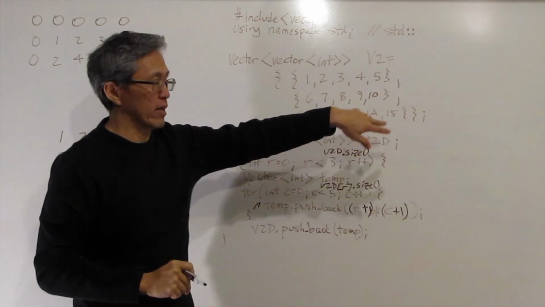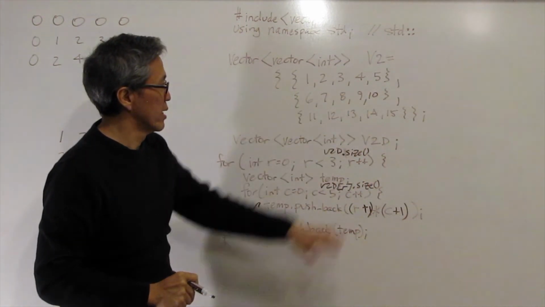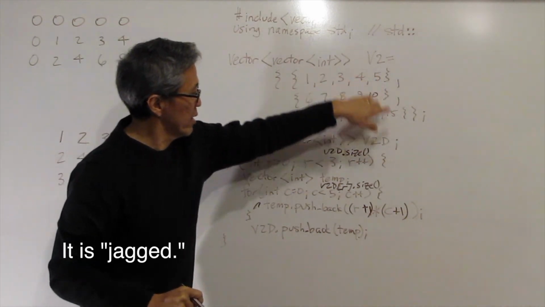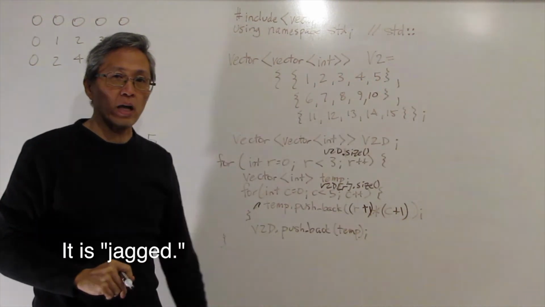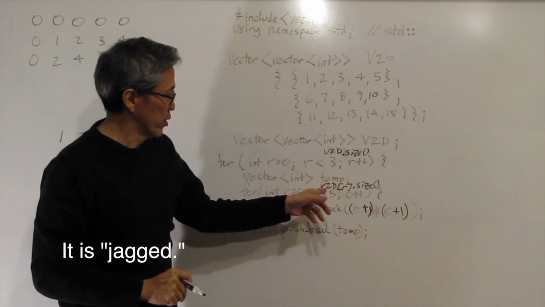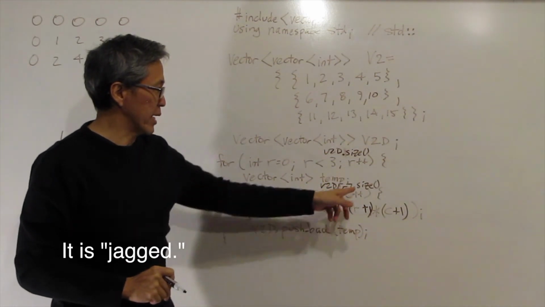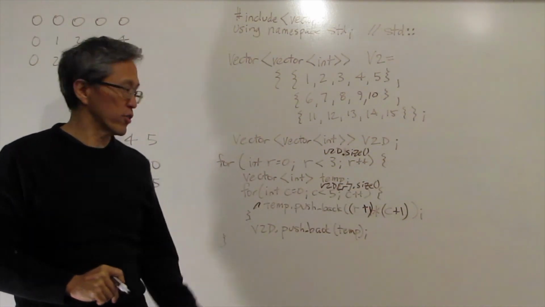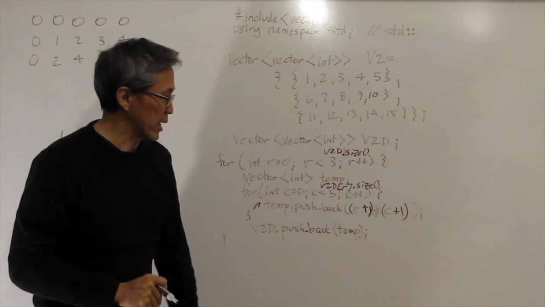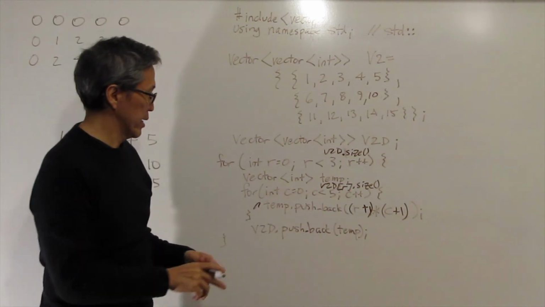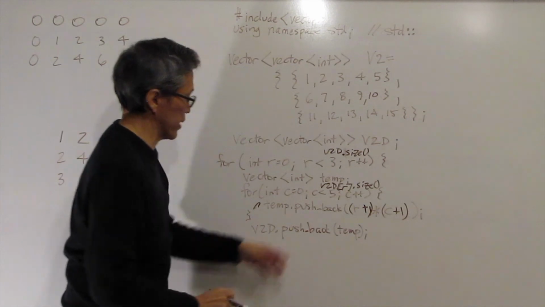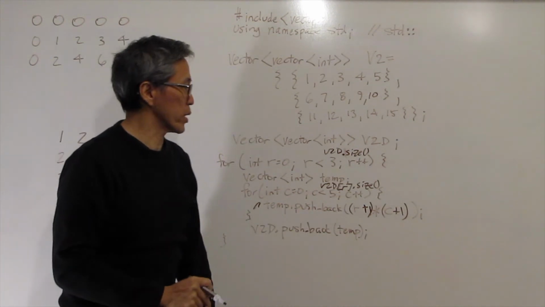right? Jagged? Did I say jagged, ragged? I can't remember which one it is. But if they didn't all have the same number of rows or columns in their rows, I could do v2d r dot size, and that would make sure that I get the whole column there. And instead of doing this guy, I would do something like a printf or something like that. Would work out really well there.